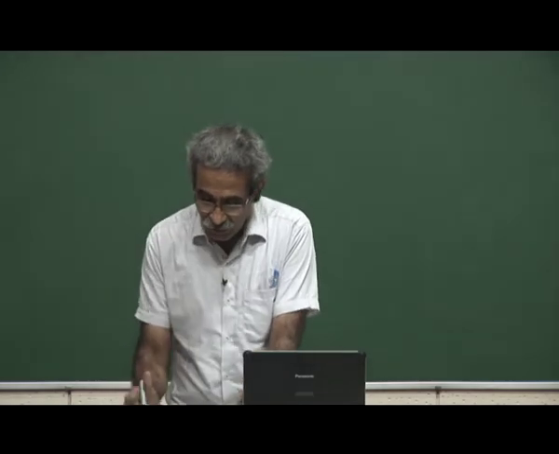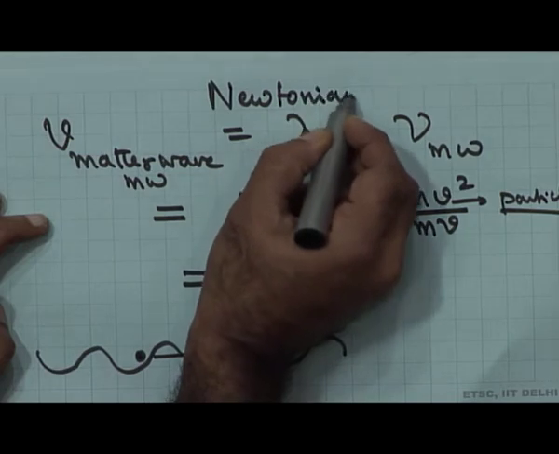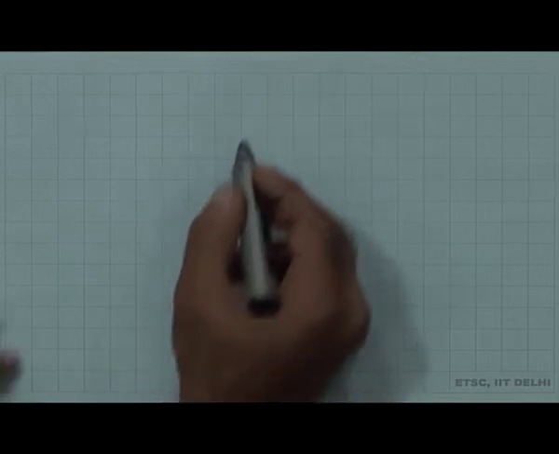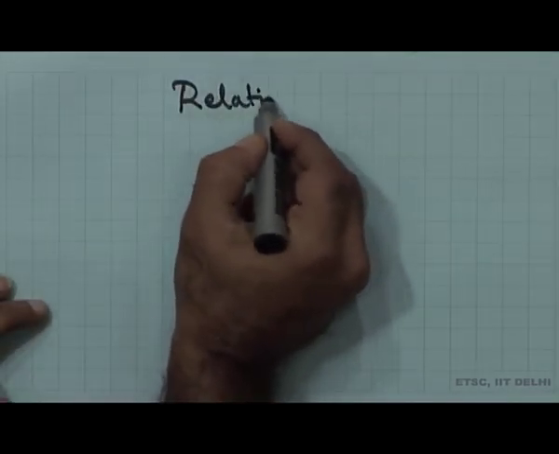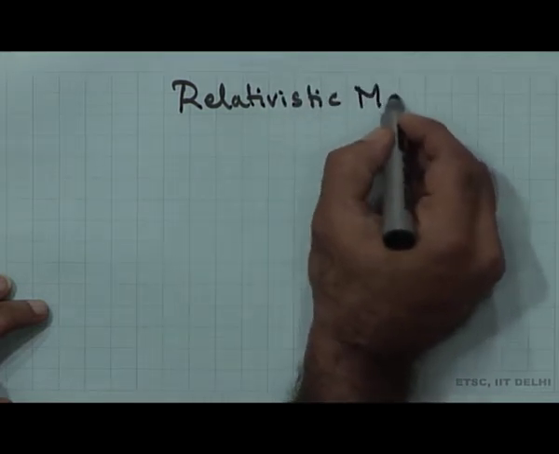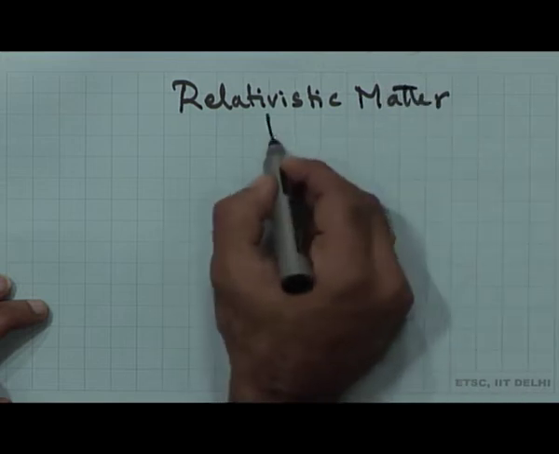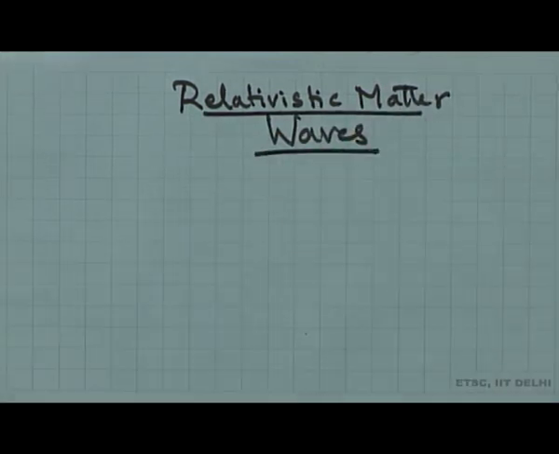So this was Newtonian. Now what I will do is I will use the relativistic expression and see what I will get. So we look at relativistic de Broglie waves, matter waves. Let us look at that.